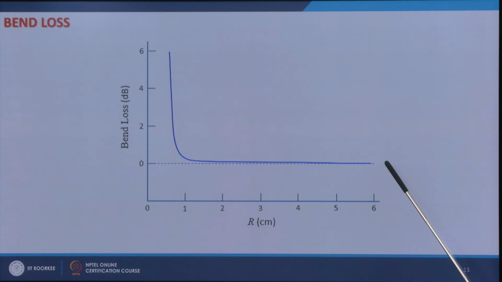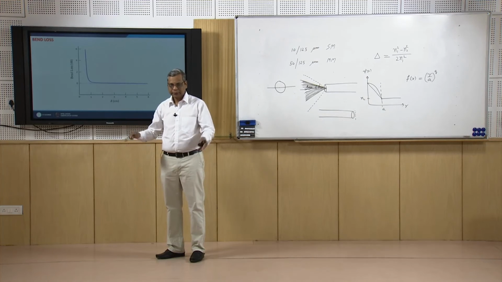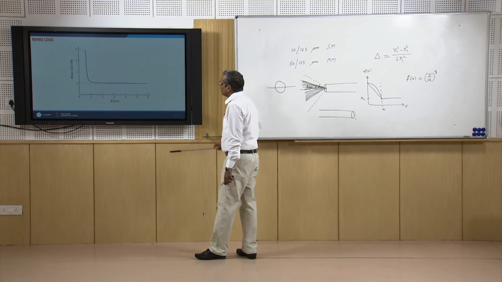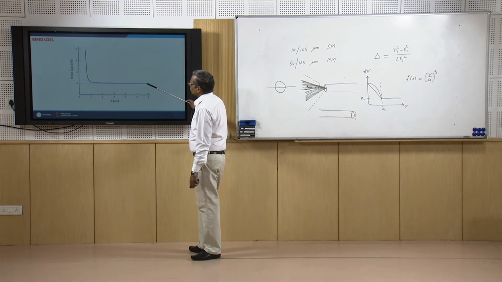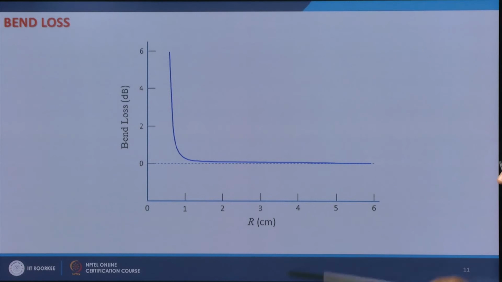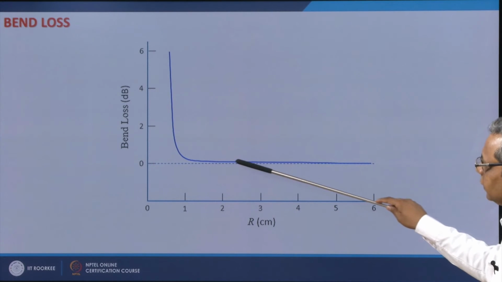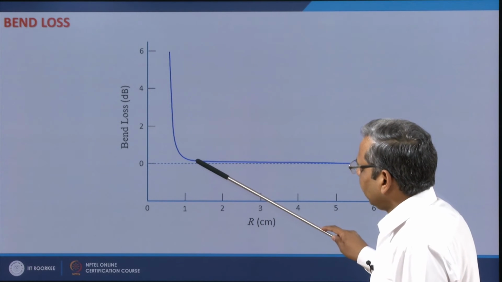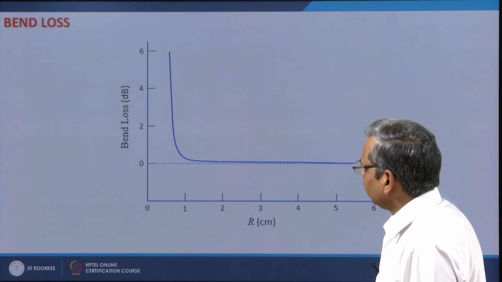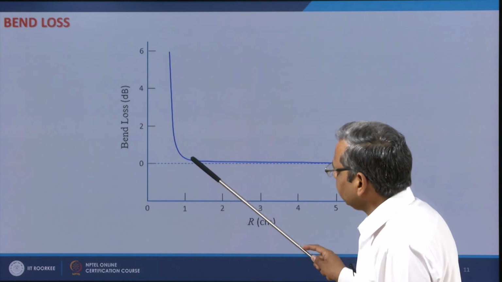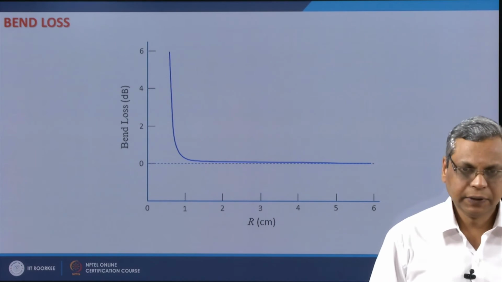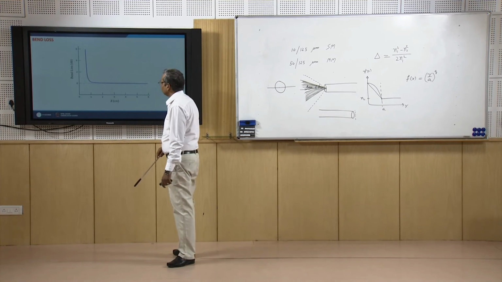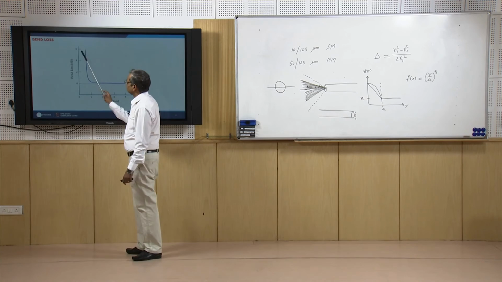So, when the bend radius is large, that is it is not a tight bend, it is a big loop, then the loss is 0 dB, there is no loss, and as you make the bend tighter and tighter, you see that the loss increases, and around this value if you make it very tight, the bend radius is even smaller than or close to 1 centimeter, then the bend loss increases drastically.